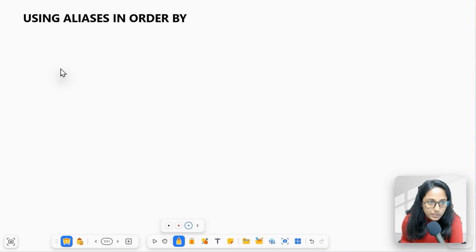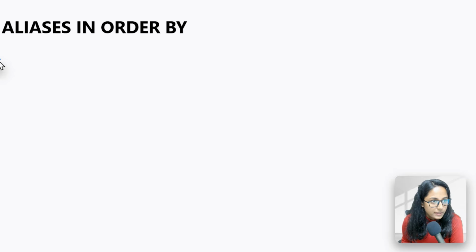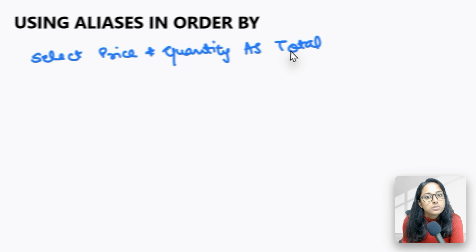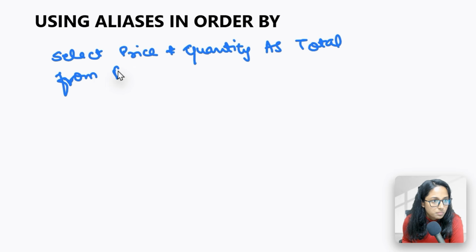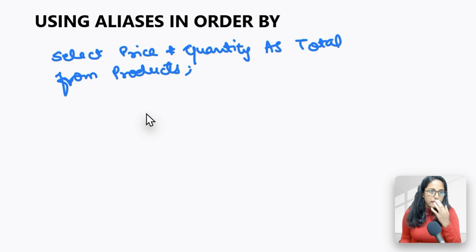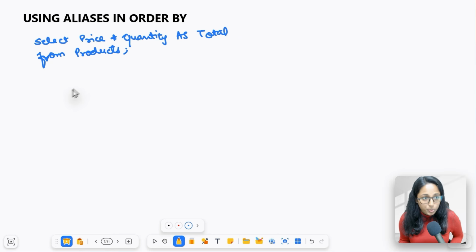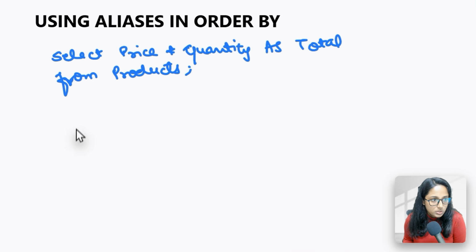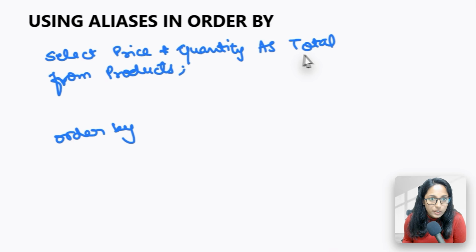Now let's see how it is different to use order by, where, or having while using aliases in the query. When I say select price star, and I make it total just to keep it simple, from product. In the case of order by, I can directly use order by my new name.